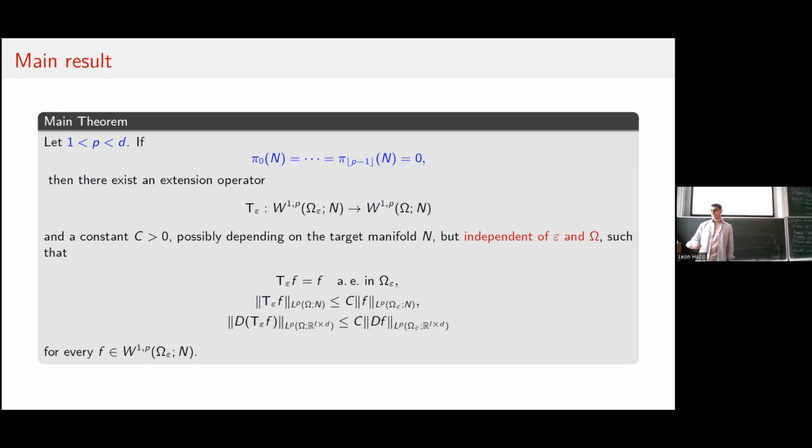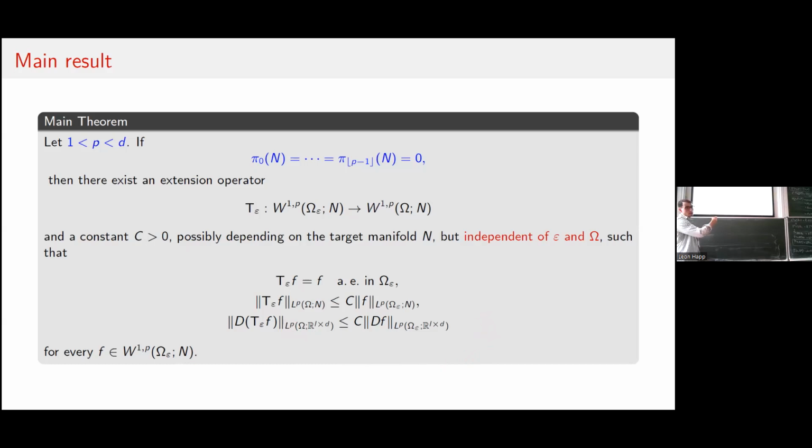So this has to be fulfilled, and then indeed we can prove that there exists an extension operator such that those 3 properties are fulfilled. The first one is kind of tautological because it just tells you that on the stiff part, the function coincides with the original function. But those are the special properties. So you have separate bounds on the LP norm and on the gradient of the LP norm.